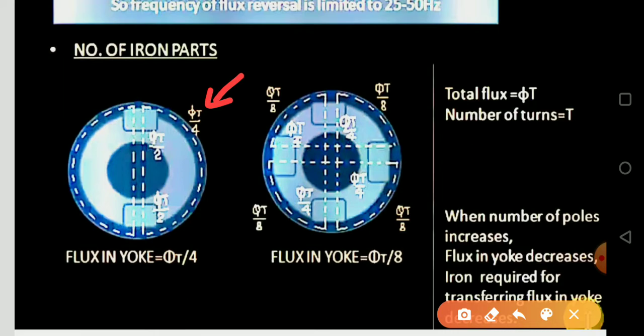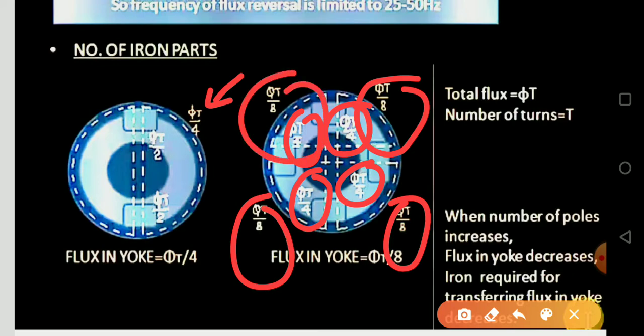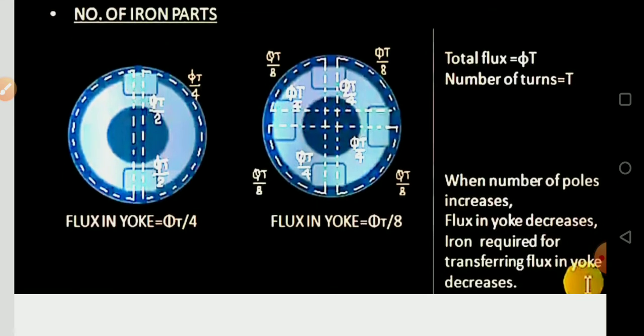In case of a four pole machine, the flux is divided into four parts. So it is phi T by 4, phi T by 4, phi T by 4 and phi T by 4. And the flux under the yoke is phi T by 8, phi T by 8, phi T by 8 and phi T by 8. So when the number of poles increases, the flux in the yoke decreases.